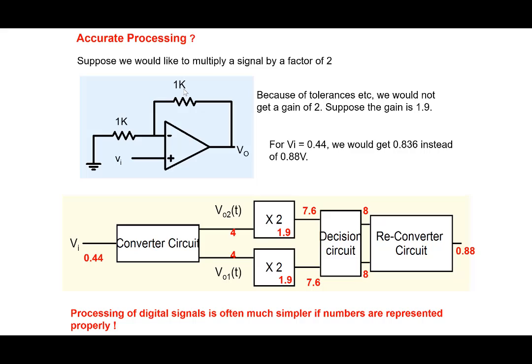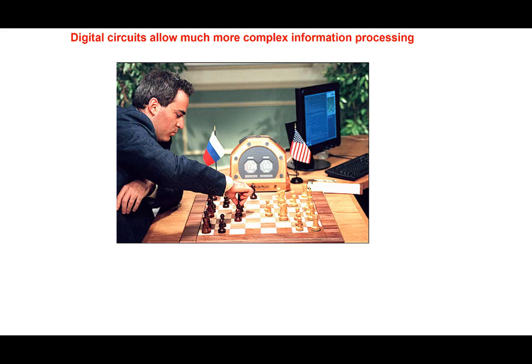So working with analog signals, doing multiplication, division, and all of those, in principle we can do it, but in practice it is not very easy. While with digital signals, once you represent them as numbers, the processing becomes very, very simple.